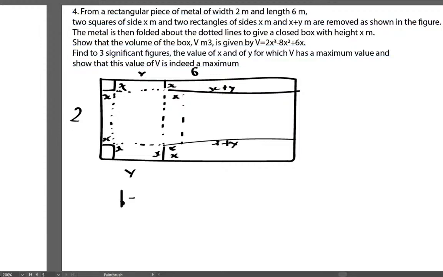The base here would be the y. We are going to use this here as the base. And then we have this other one here, which would be the width. The width would equal this 2 subtracted by 2x. Lastly, we figure out the height of the object, which is x.